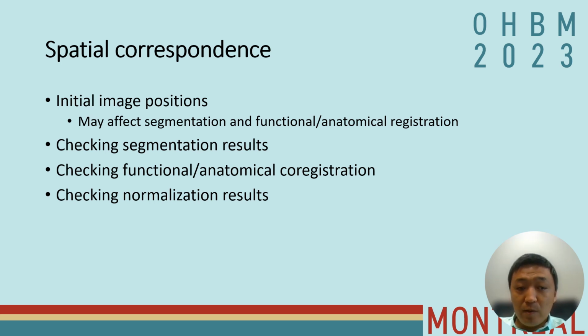It is a very important step to ensure that the coregistration between functional and anatomical image, or the segmentation, will be performed correctly. And after each of these spatial preprocessing steps of segmentation, coregistration, or normalization, we also need to check the output to ensure that those image registrations are performed correctly.